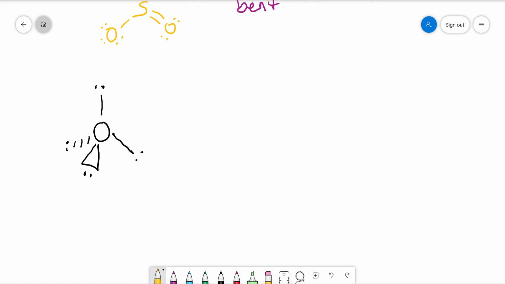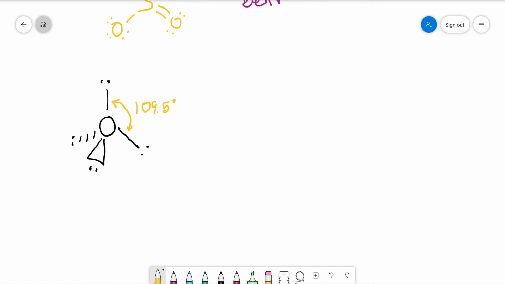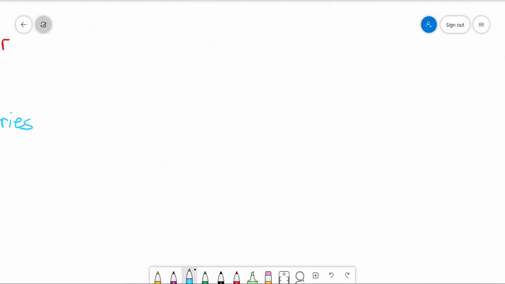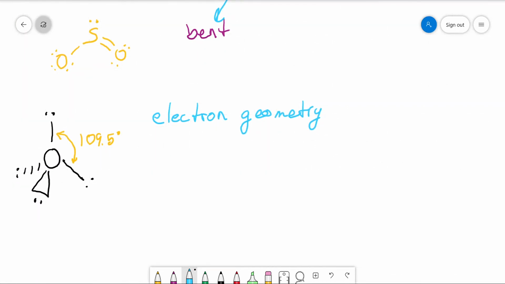The reason for that is this bond angle here is 109.5 degrees, and this shape is tetrahedral. Electron geometry is tetrahedral.